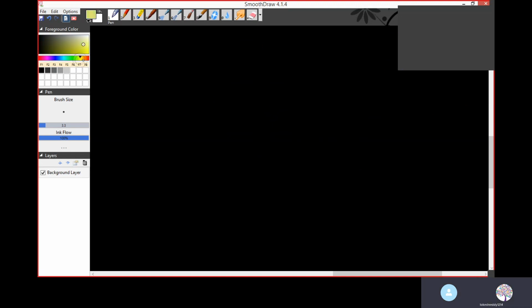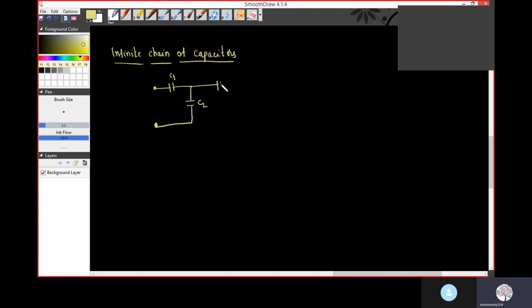Infinite chain of capacitors. So when you have an infinite chain of capacitors, let's say you have this is C1, this is C2, then again you have C1, and this is C2.